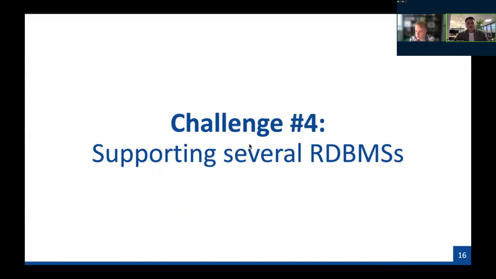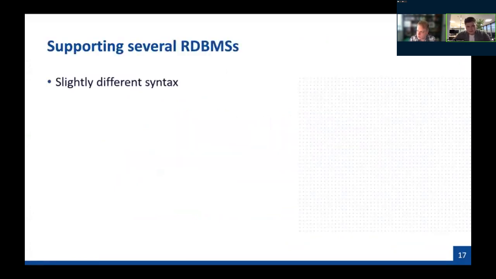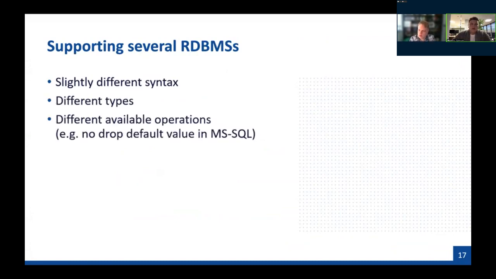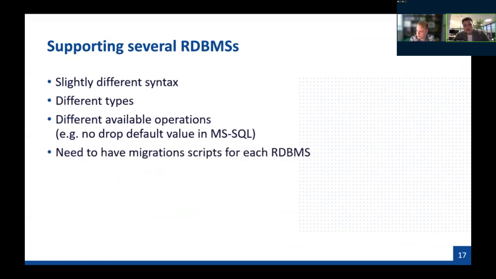Now, why is supporting several RDBMSs a challenge in the first place? Each of them has its own slightly different syntax, a different type system, and different available operations. As I mentioned, there is no drop default value in MSSQL, as an example. So you basically need individual migration scripts for each RDBMS.